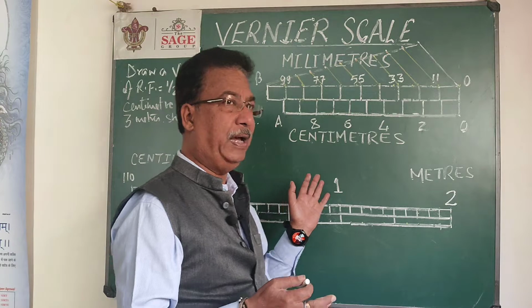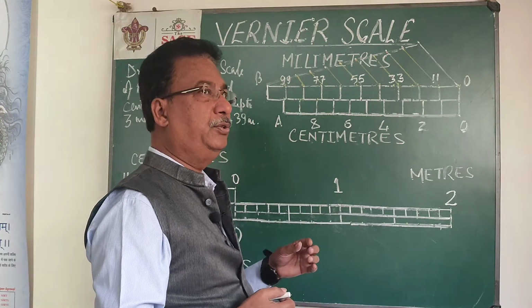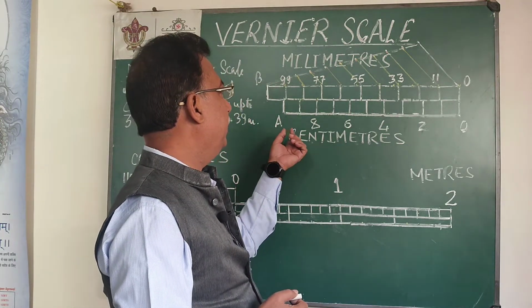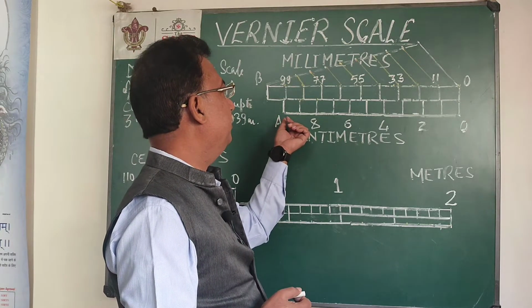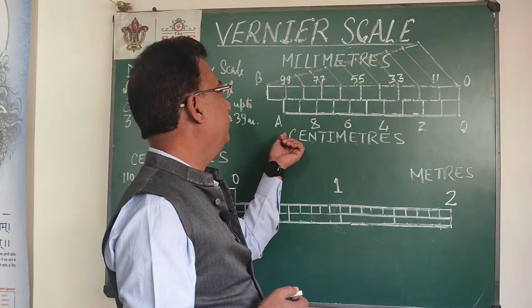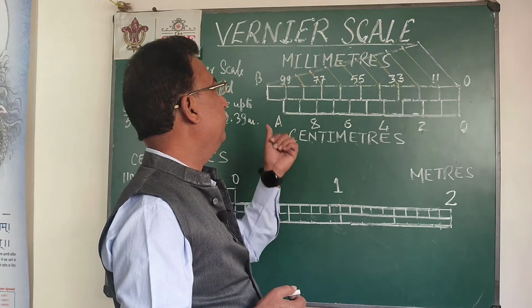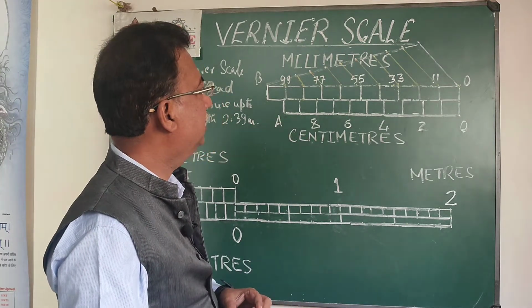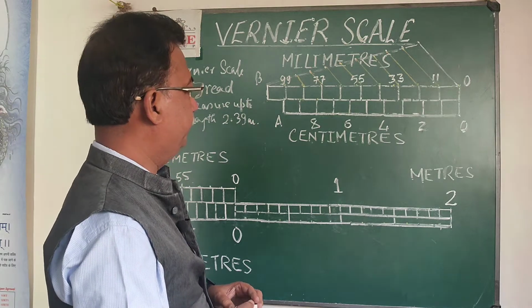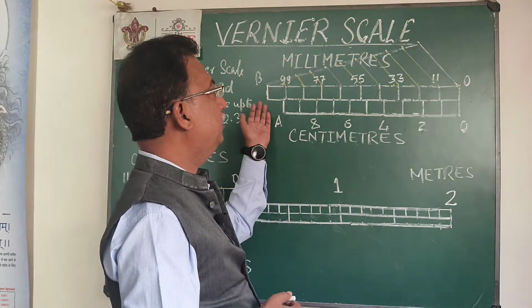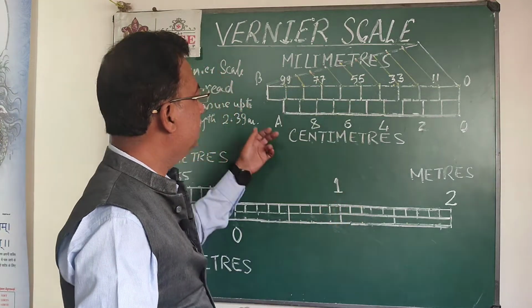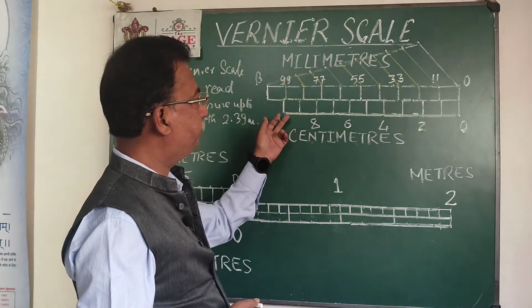Right now I have enlarged that part. If that part is very small and we cannot subdivide it into sub parts, then what we do is, instead of dividing this small part, we draw a vernier scale just above the primary scale.